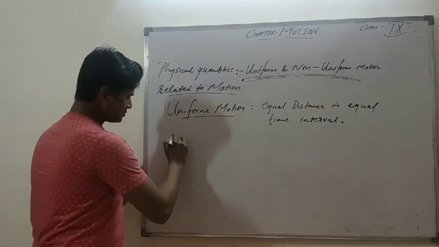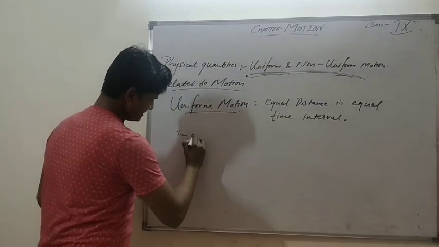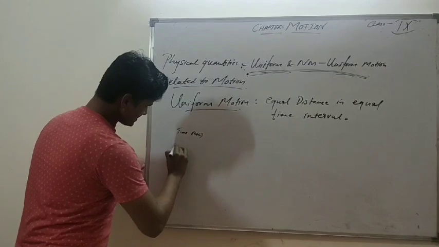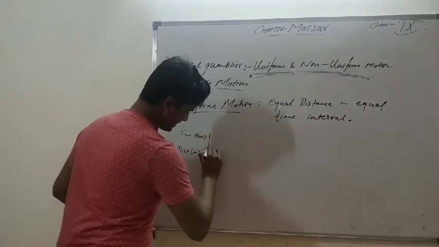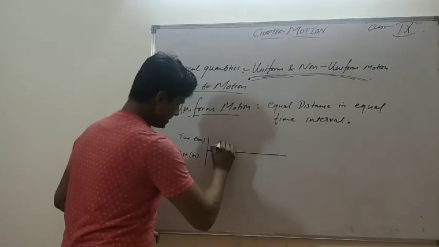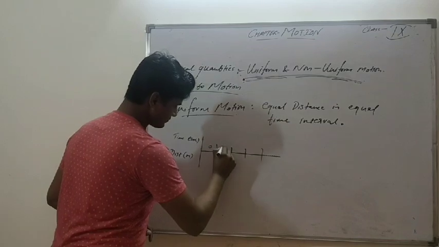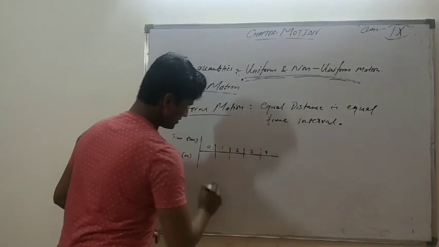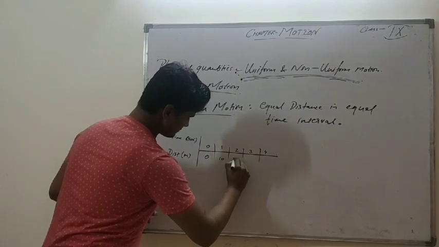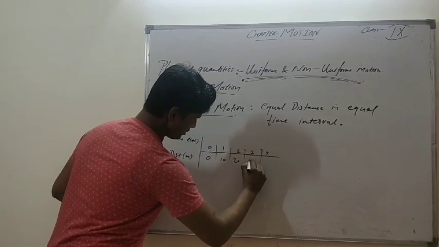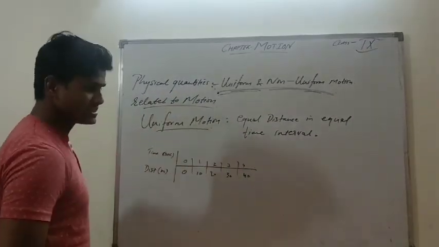This can be understood by the following data. If we take time in seconds and distance in meters, then after every similar time interval, any object covers a similar amount of distance, then the motion is said to be uniform motion.